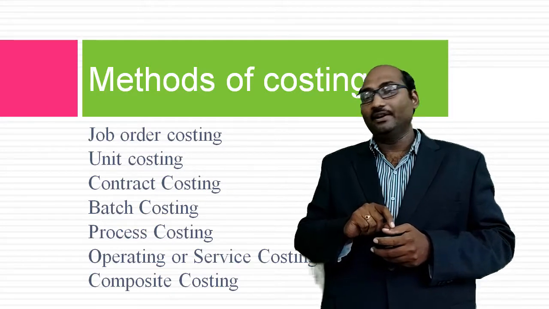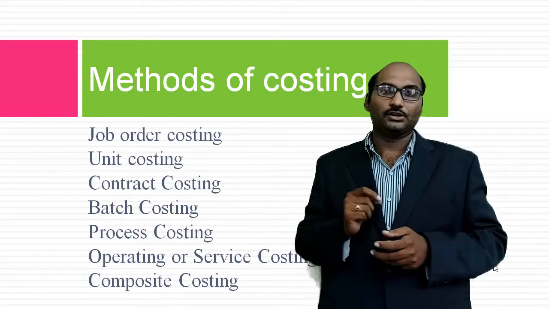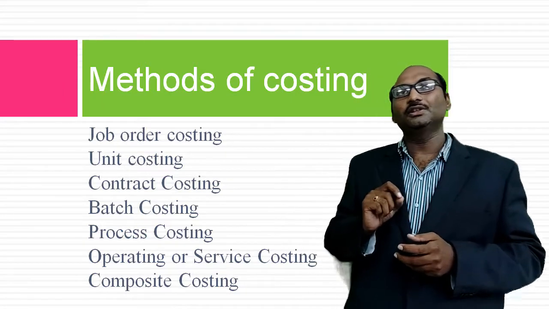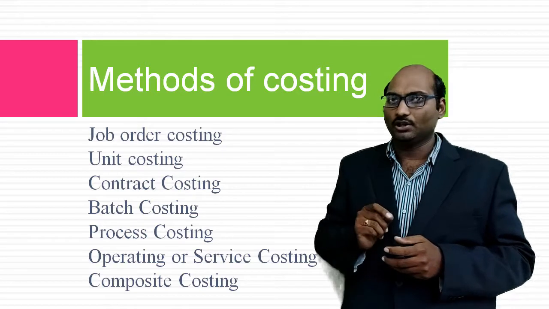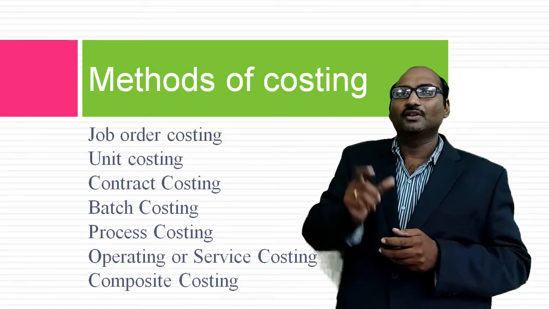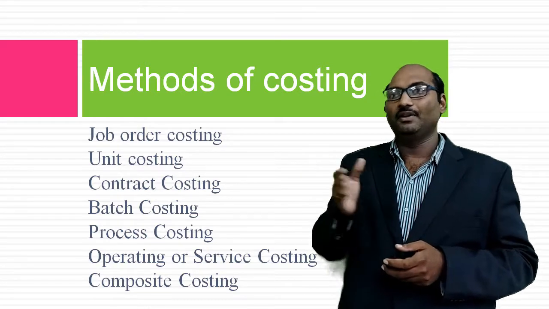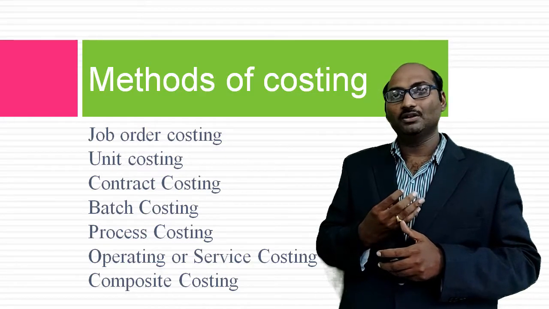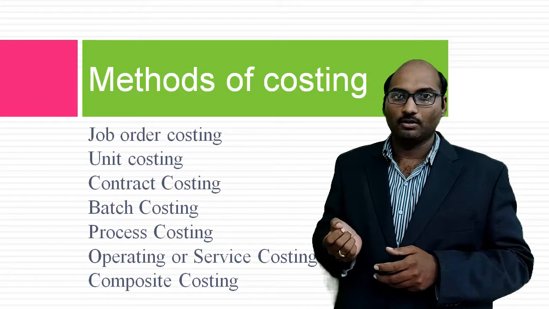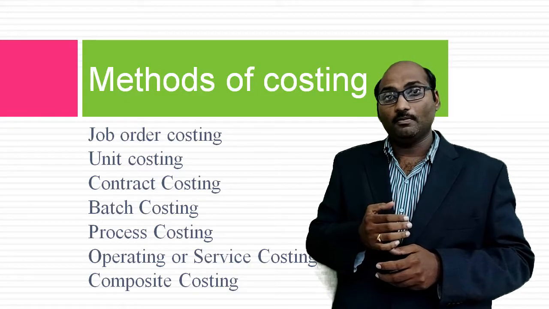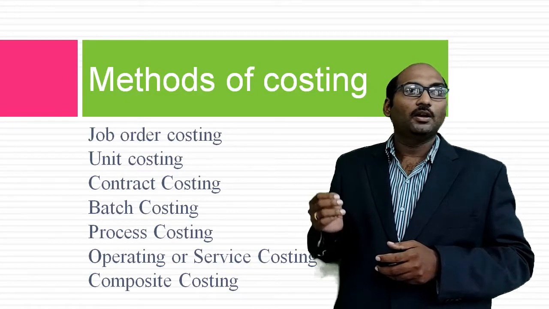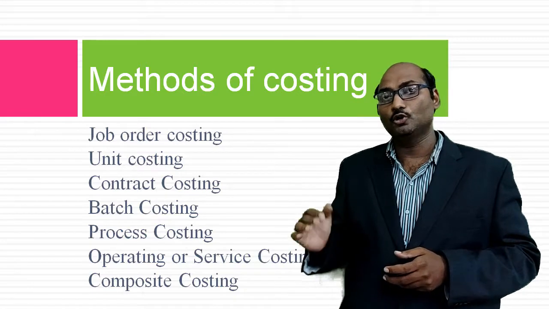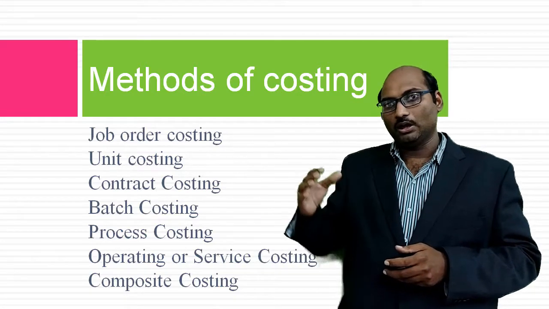The third one is contract costing. Contract costing is also similar to job order costing, but whereas job order means a small object, maybe it can be completed within a month or something, contract costing means somewhat bigger than the job order, but similar. Like maybe constructing a building, which includes more things.